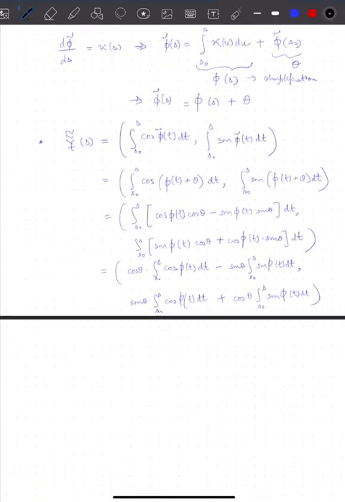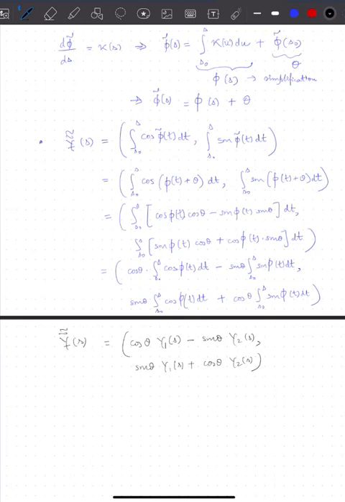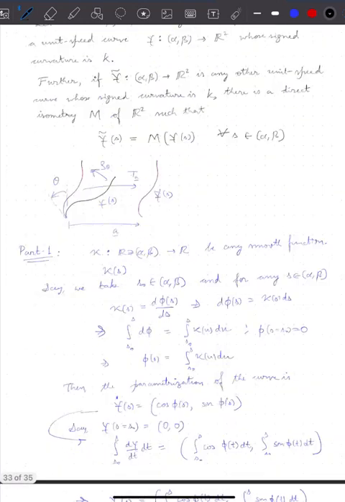So this I can also write as cosine theta gamma 1 of s minus sine theta gamma 2 of s, comma, sine theta gamma 1 of s plus cosine theta gamma 2 of s, and this is going to be the gamma tilde tilde vector of s.